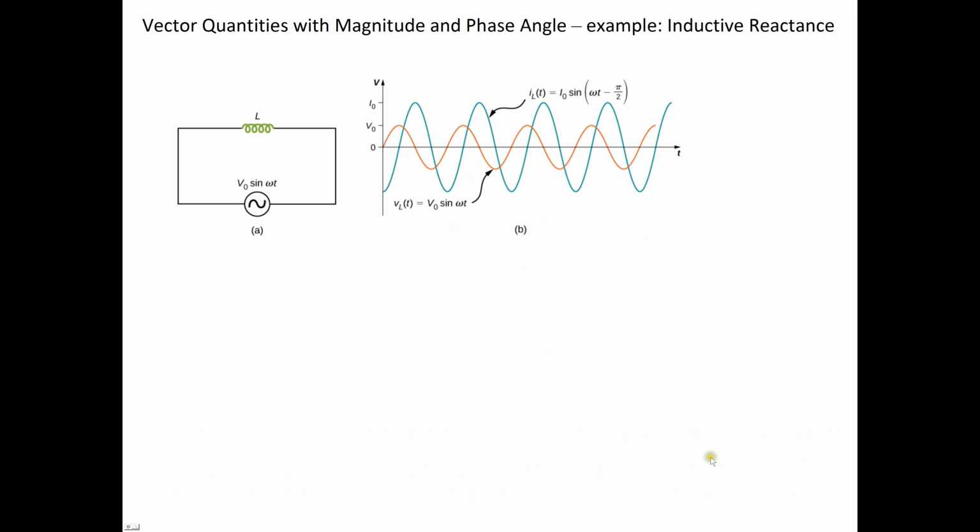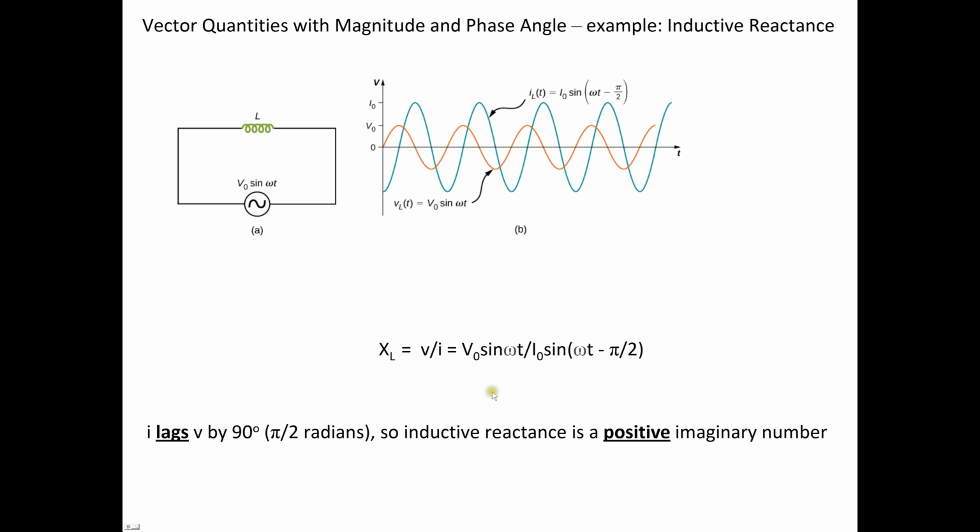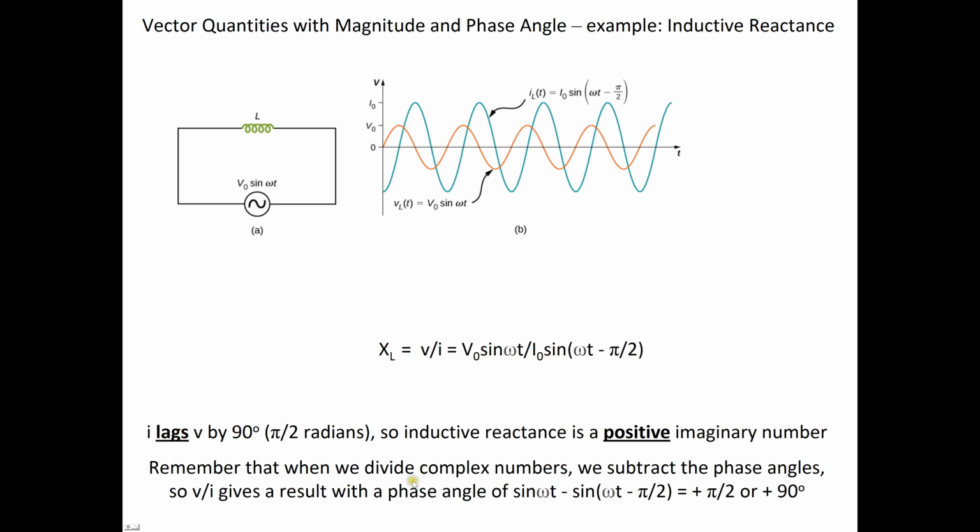Let's have a look now at inductive reactance. In an inductor, the current waveform lags the voltage waveform, and again the reactance, this time which we represent as X sub L for inductance, inductive reactance, is the voltage waveform over the current, which is V0 sine omega t divided by I0 sine omega t minus pi over 2. And as we said, because the current lags the voltage by 90 degrees, the inductive reactance is a positive imaginary number. Remember that when we divide complex numbers we subtract the phase angles.